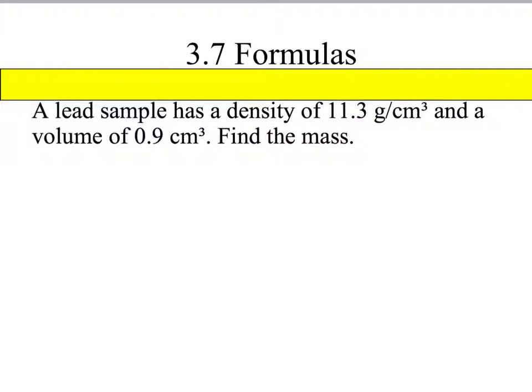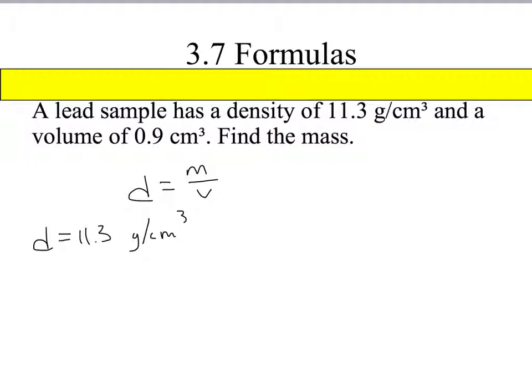I want you to try this one by yourself. Using that density formula, I want you to solve for the mass. All right, so our density formula is D is equal to M over V, where D is my density. What's my density? It's 11.3 grams per centimeters cubed.